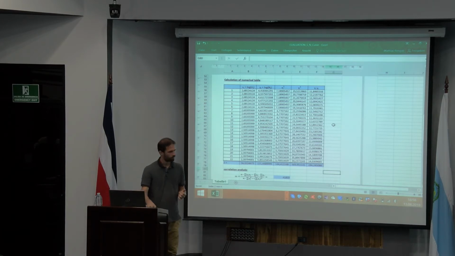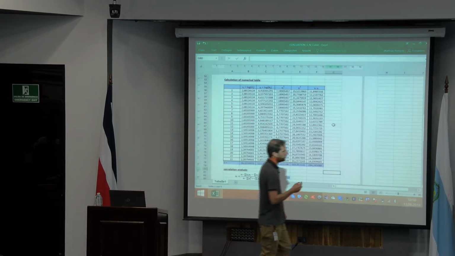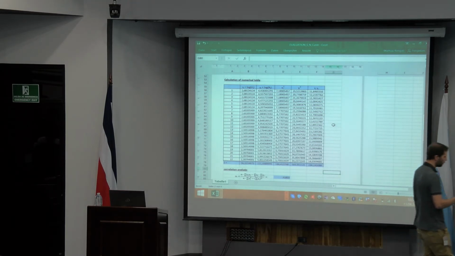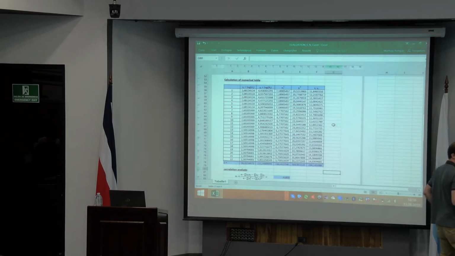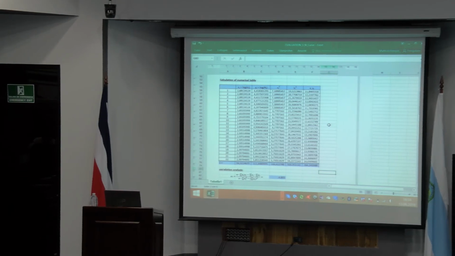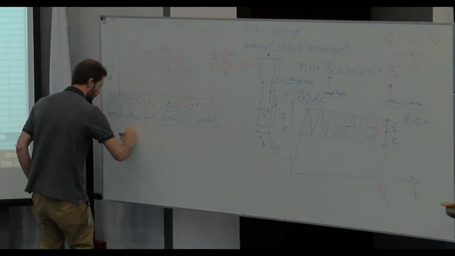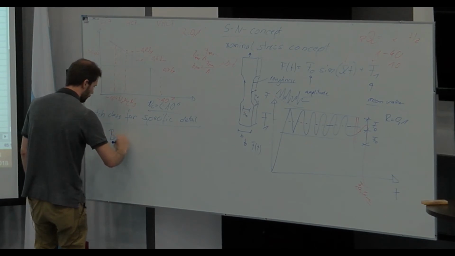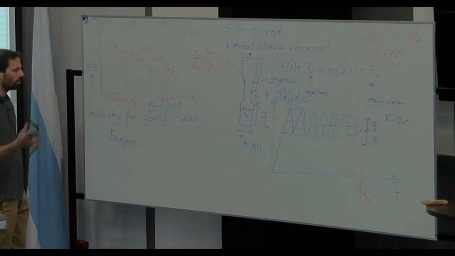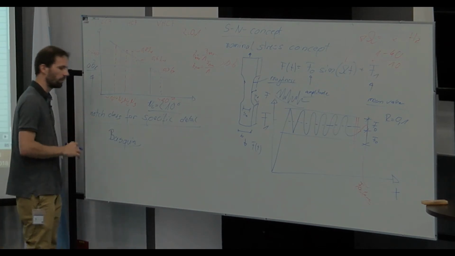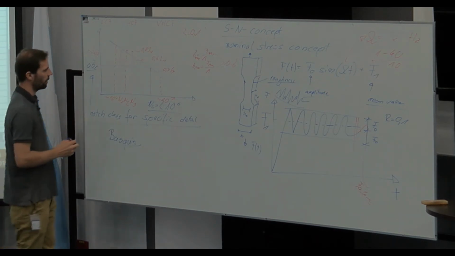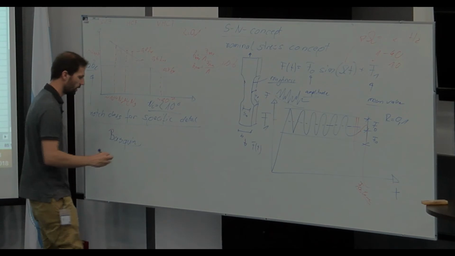We still want to use the law of Basquin, which is defined comparable to the crack propagation law.